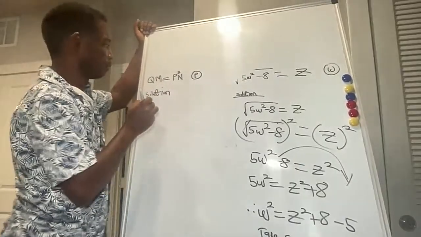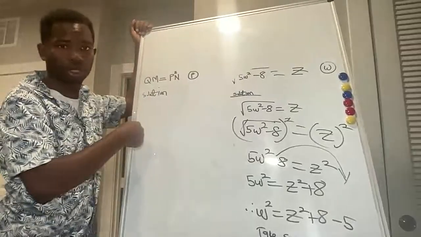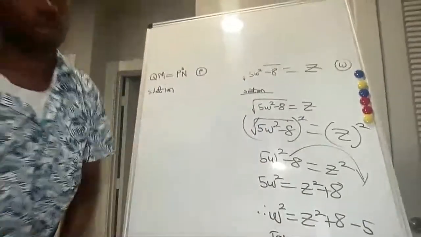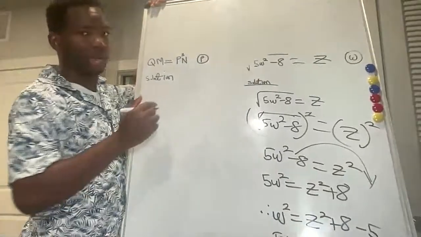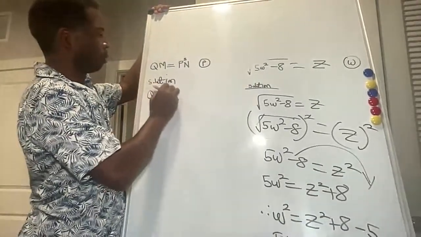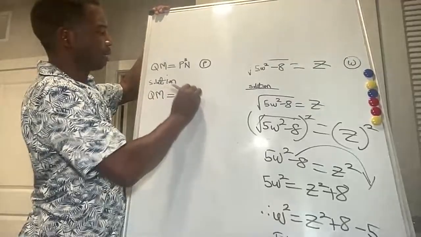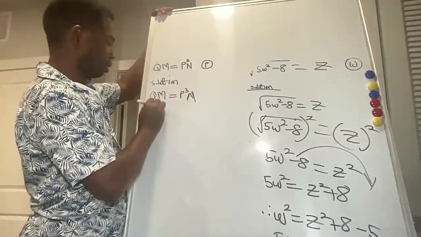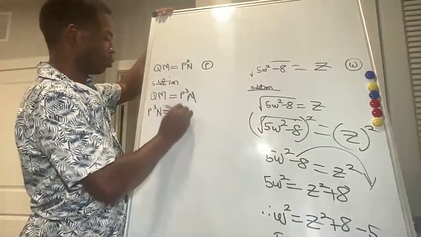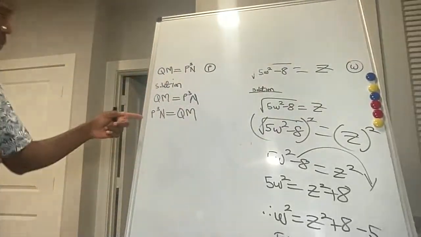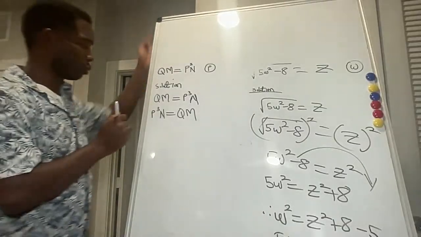Solution. Bring down your equation again. So we have Qn is equal to P raised to the power 3 over n. So P raised to the power 3 is equal to what? Qn.